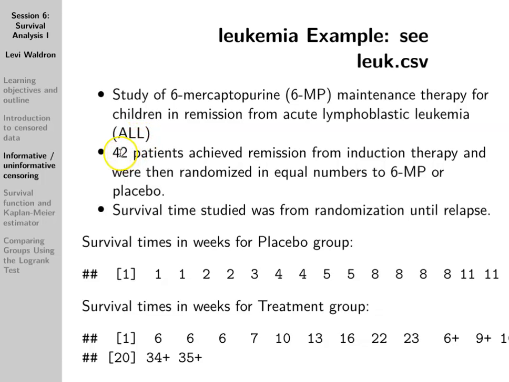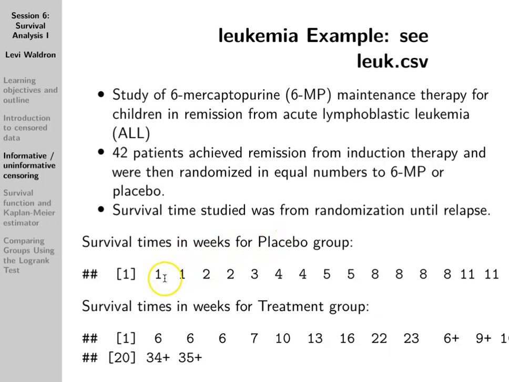So there are 42 patients who achieved remission from the induction therapy, that is the initial therapy, and then were randomized in equal numbers to maintenance with 6-MP or a placebo. And then survival time was studied from the time of randomization until relapse. And these are the actual times from the data set.